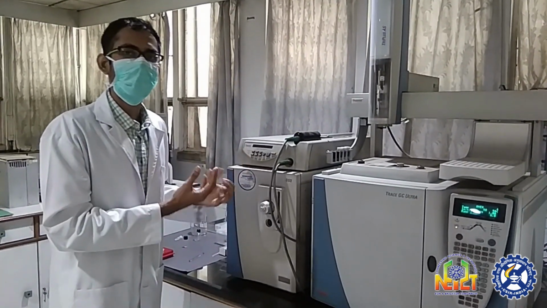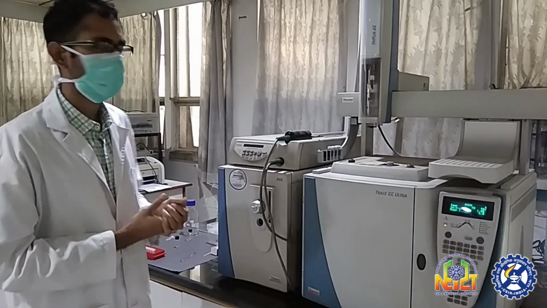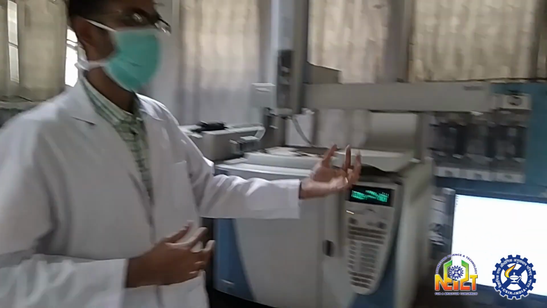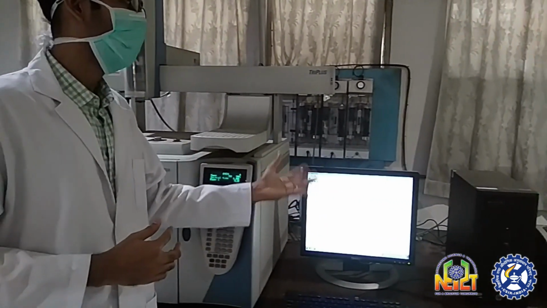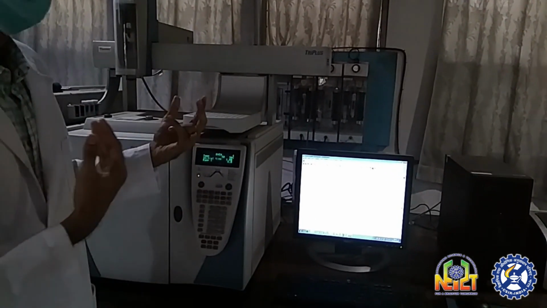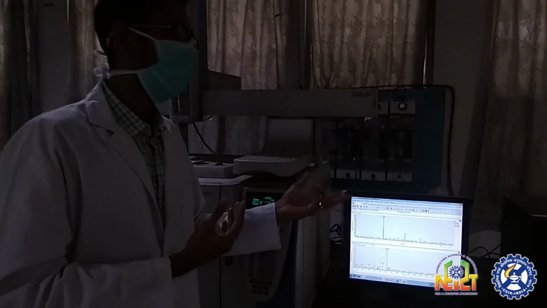Typically an electron multiplier is used as a detector in the GCMS system. Once the data is collected, the operator goes to the data analysis system, where software based analysis is performed.